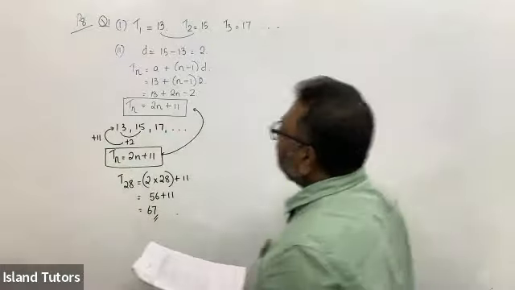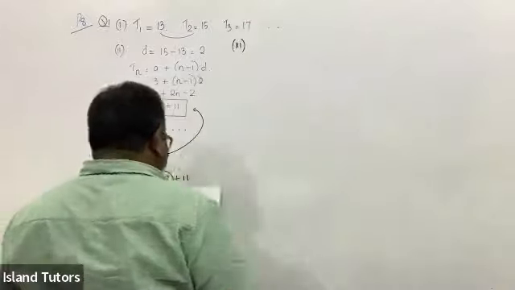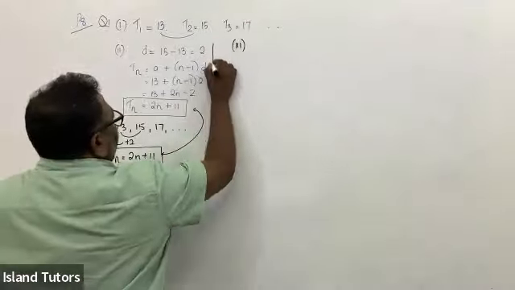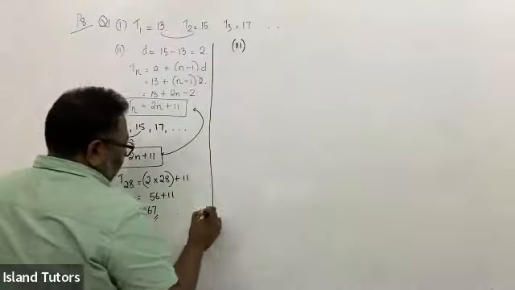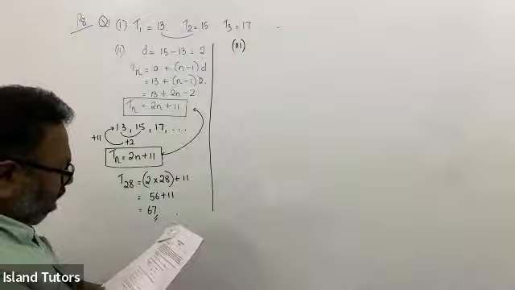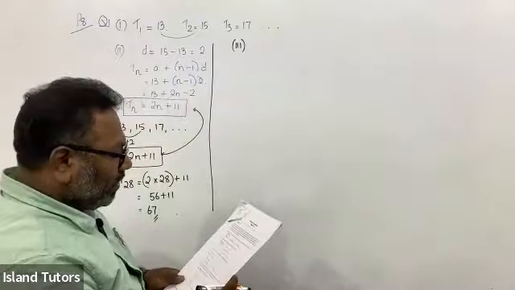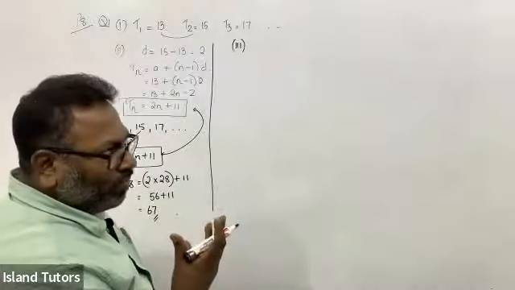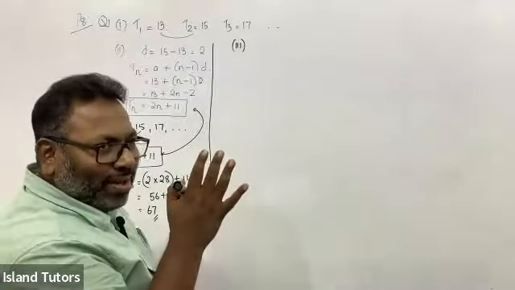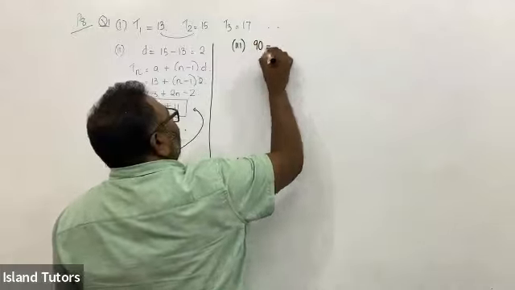Then third question. The third question is, how many rows are there with less than 90 flowering shrubs? So we don't know the number of rows. They're saying if there is 90 flowering shrubs, then which row it is?